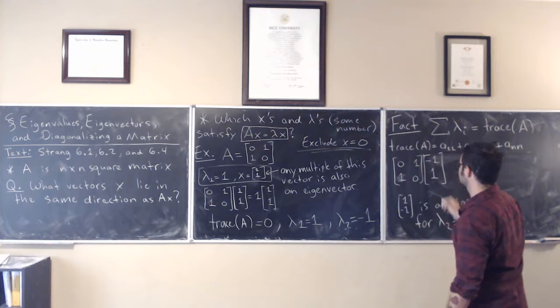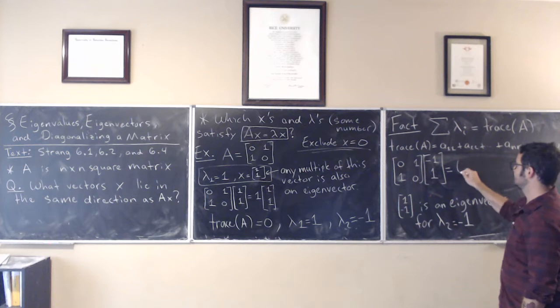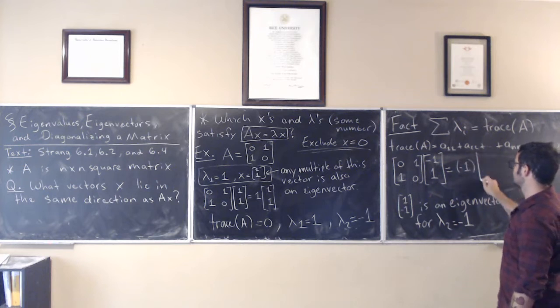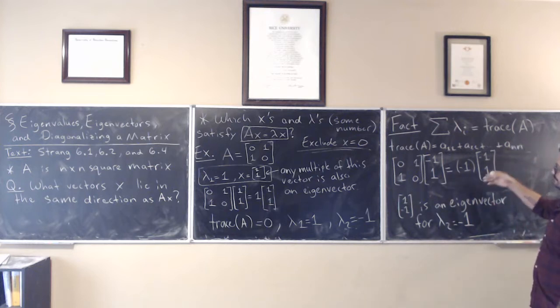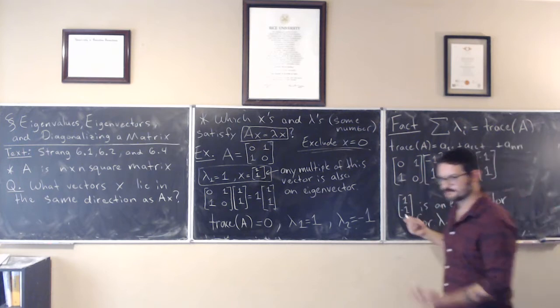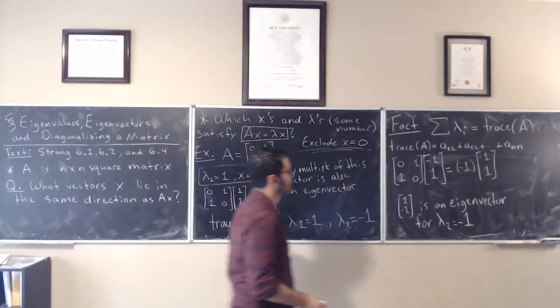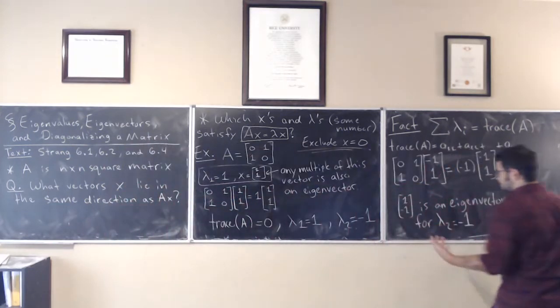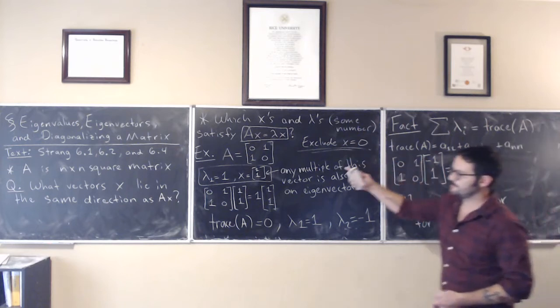Will that work? Yeah, right? This will be -1 times -1, 1, because this was a multiple of that. -1 times that is that. So any multiple of it. Okay, so all right, these are the eigenvectors of this matrix.